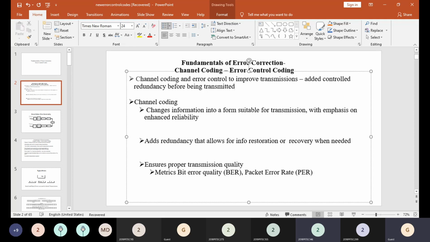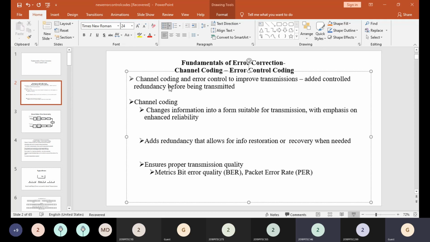So channel coding is mainly used to detect and control errors, by adding a controlled amount of redundancy. Redundancy means certain bits which are of less significance or of less importance. That is what I can say.